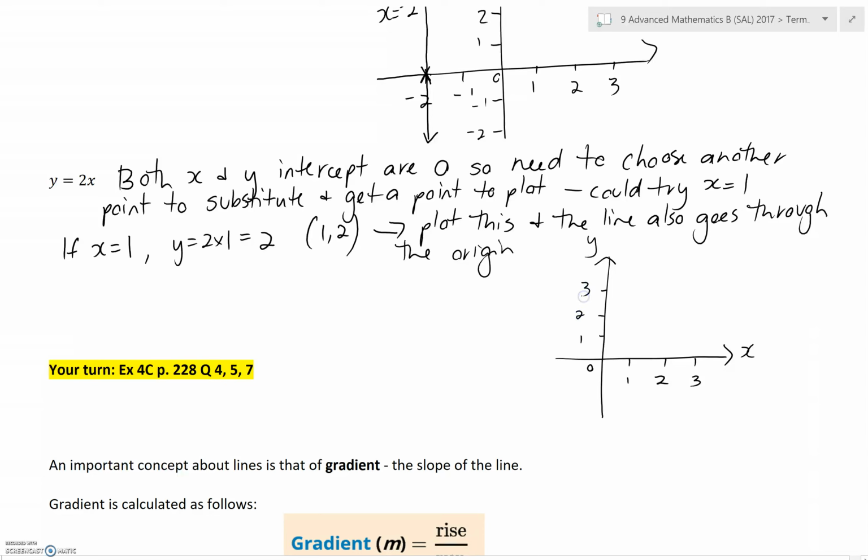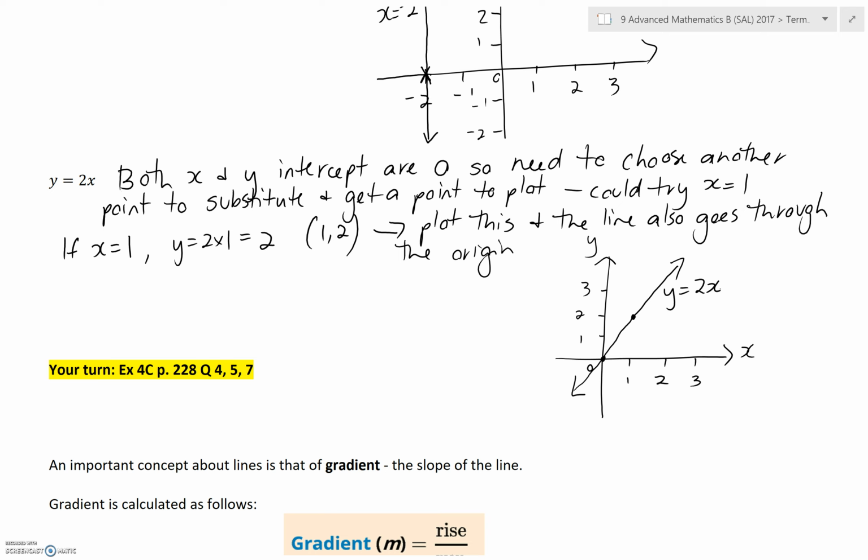Of course, they should be even. Mine are not beautiful. Now I know one of my points is there. I also know one is at 1 and 2, which would be approximately there. So they are the 2 points I need to draw my line through. And what that enables us is to tell the direction of the line. So I can see it's only cut both axes at the origin, 0, 0, but it's heading in the direction into the positive quadrant.